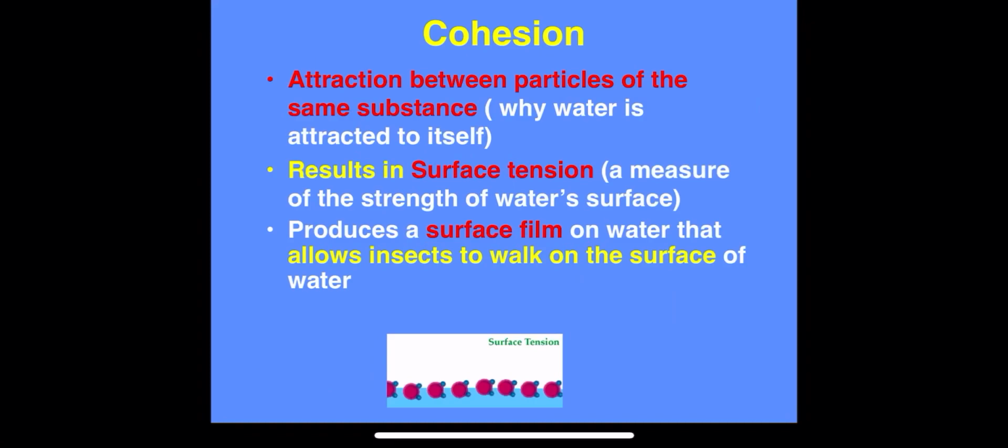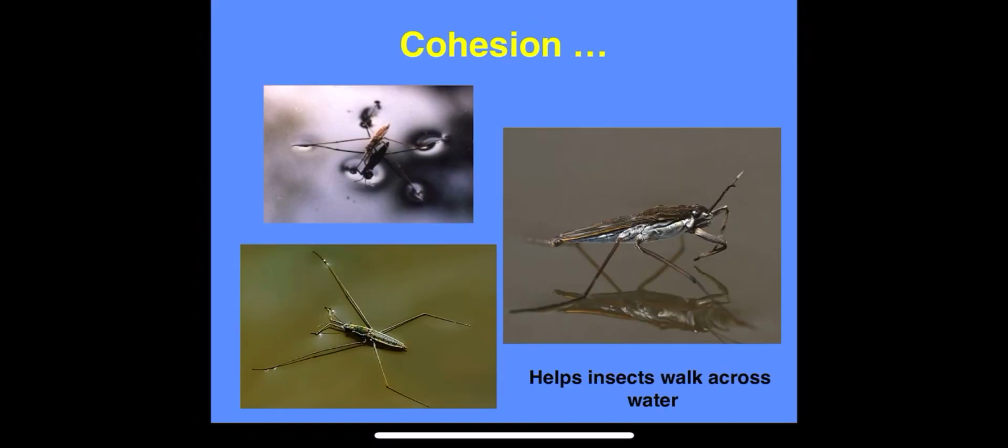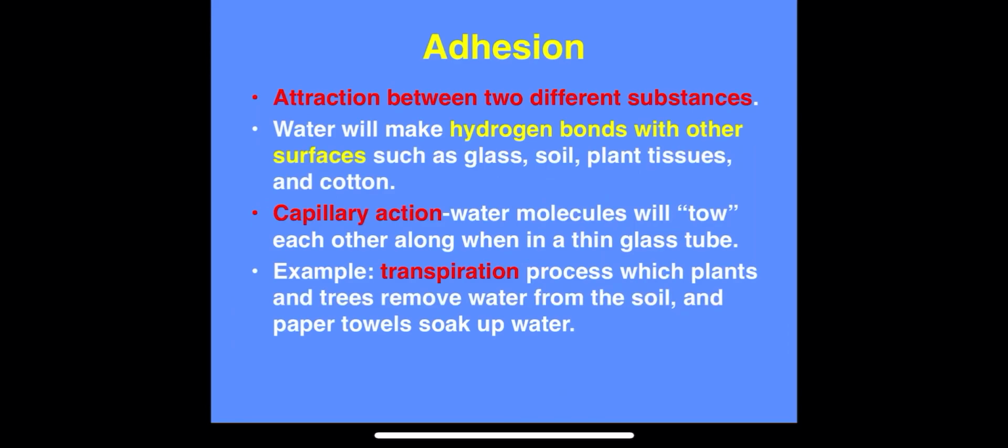This is how cohesion, with surface tension, is shown in the figure, which helps insects walk across the water, but not humans, of course.